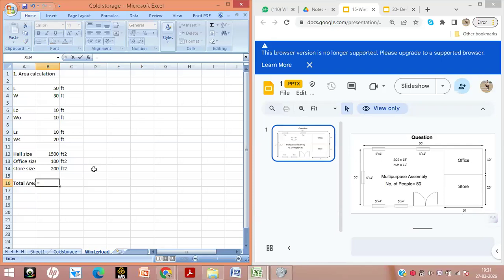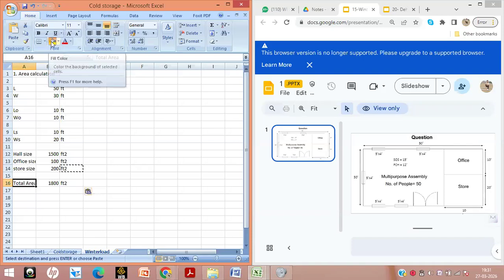We need to add. So we got this much square feet area. Okay, so we got our total area. Let's highlight here.